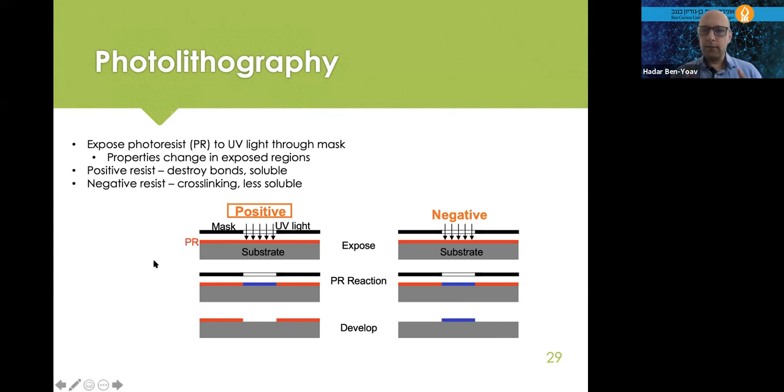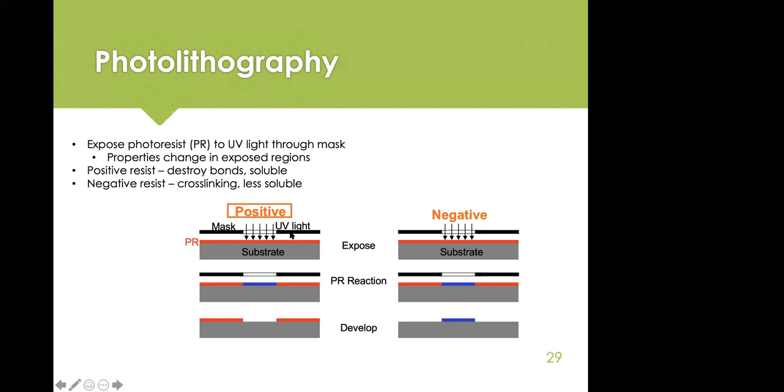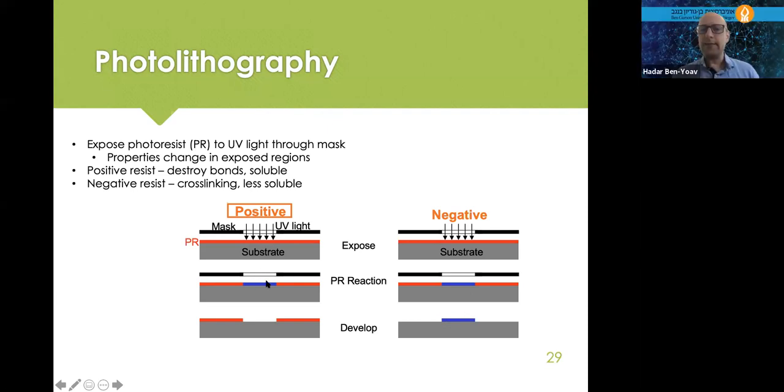So let's repeat it. We have two types of photoresist: a positive photoresist and a negative photoresist. Positive means that the light shines through the mask, and whenever it touches this kind of photoresist, the bonds will be destroyed.